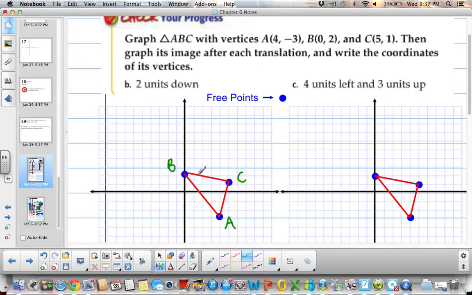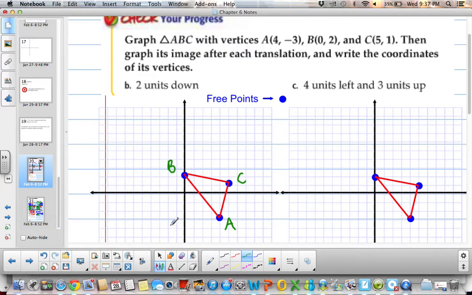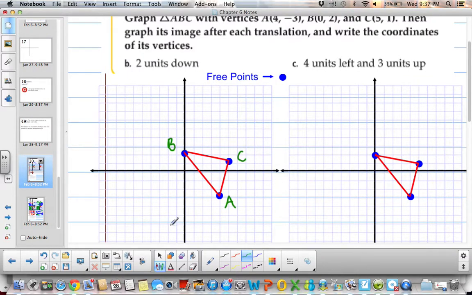Okay, this is our figure. I think that I accidentally called it our image in 6-6 because I kept referring to a figure and our image. So the polygon or the shape that you start with is your figure. And then the image is what you get after you reflect or translate or whatever you're doing. Okay, so our figure is ABC.